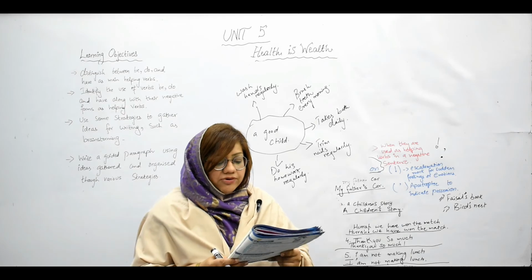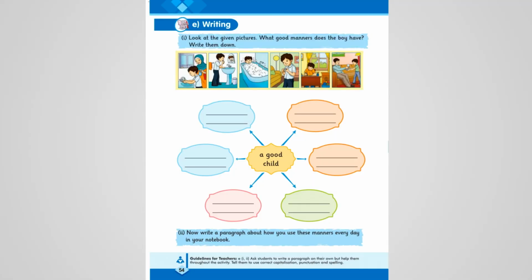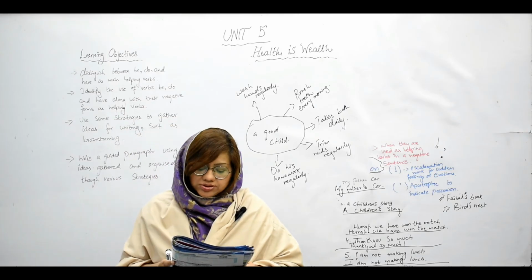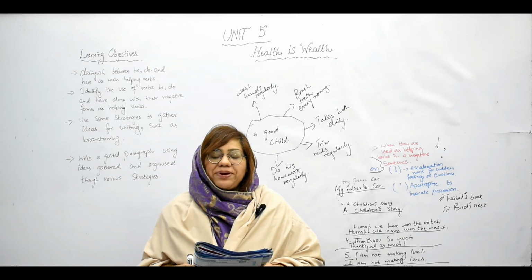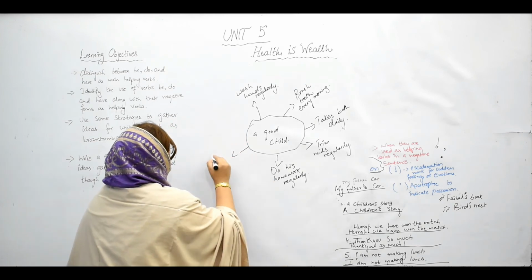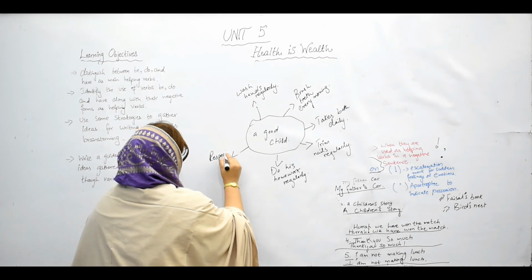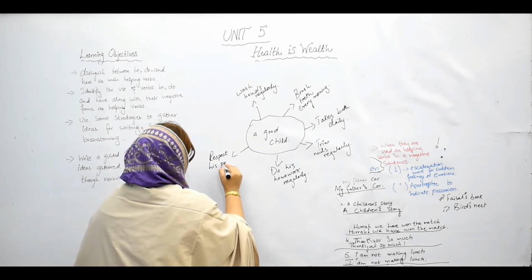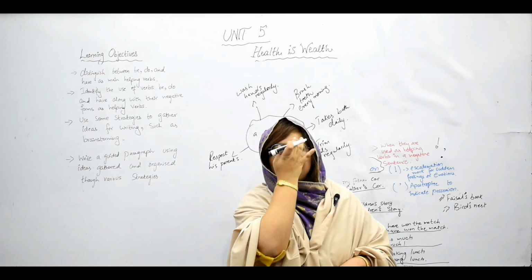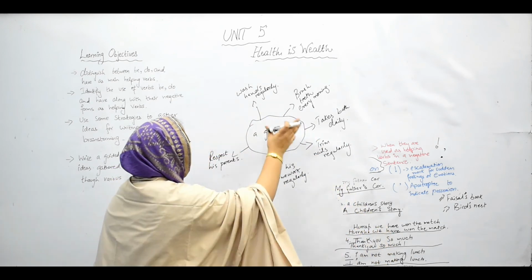Now look at the final picture. The boy is presenting a glass of water to someone. What does he show? Respect his parents. So students, this is the mind map.